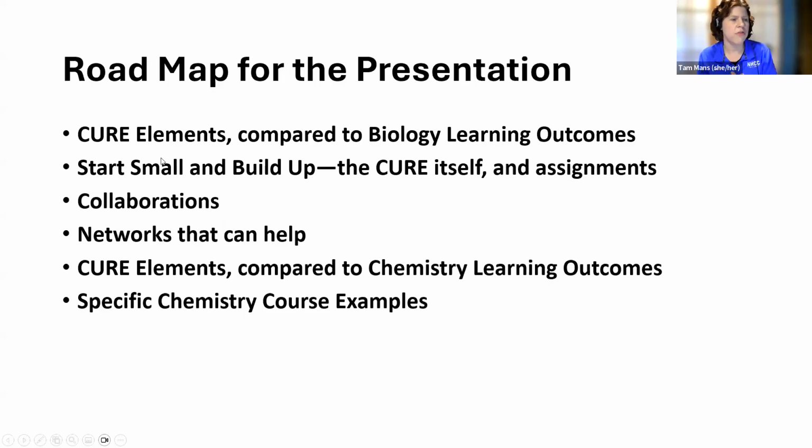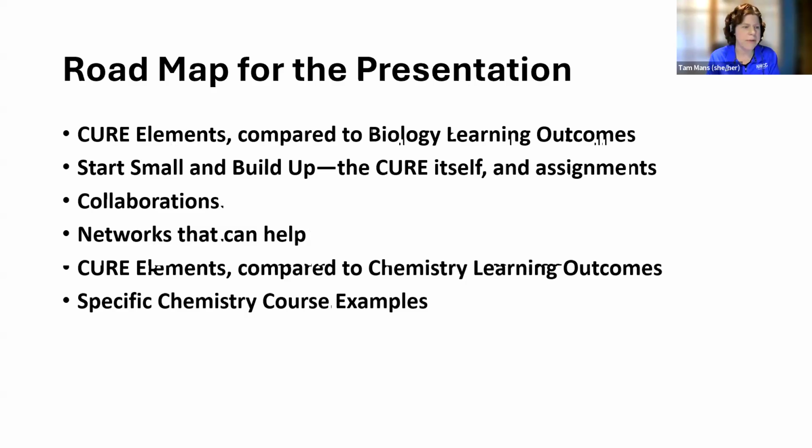So here's our general plan. I'm going to start just with an explanation of what I mean when I'm thinking about CURE elements, and then I can show you our outcomes and how they do or don't match up with the elements of the CURE. And then I'm going to give a little bit of advice about starting small and how to build into a bigger CURE, or how to build your students up so they're ready.